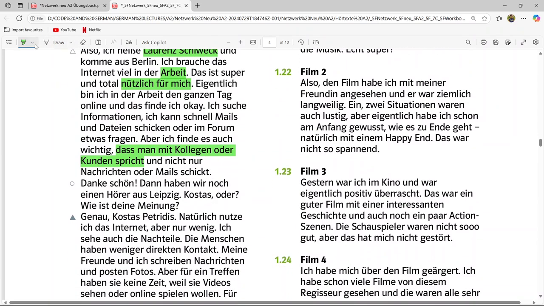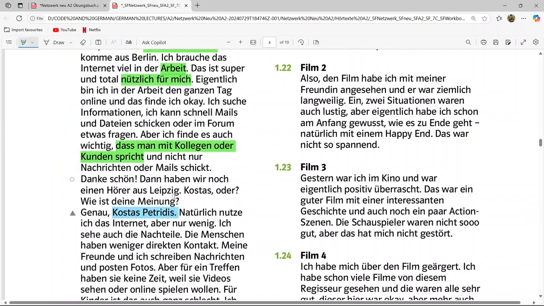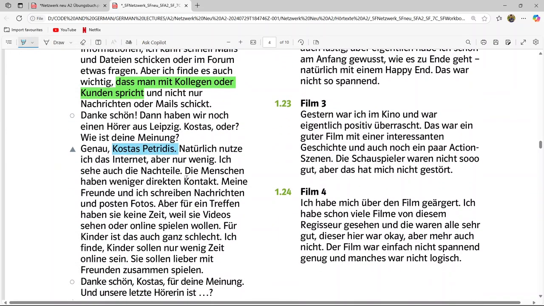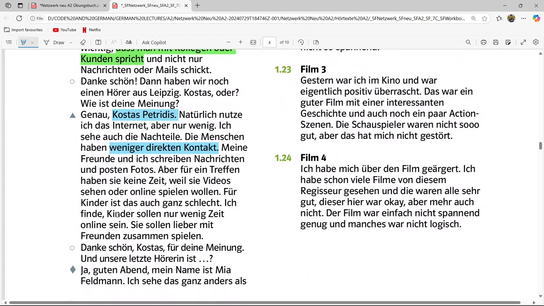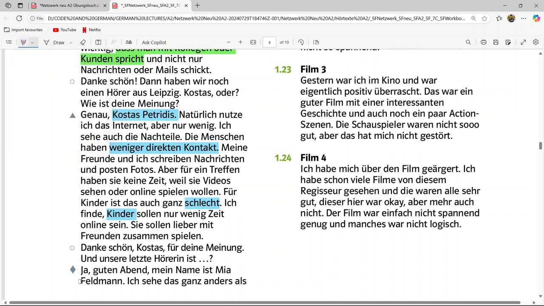Next person Kostas. So this is the Kostas one. Little direct contact with people and schlecht for Kinder. Okay, and last person is Mia.